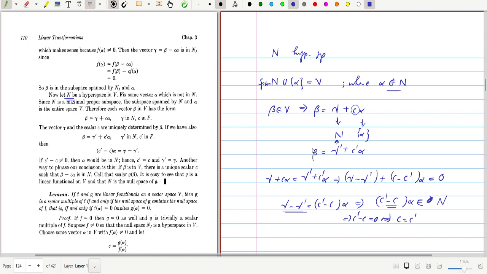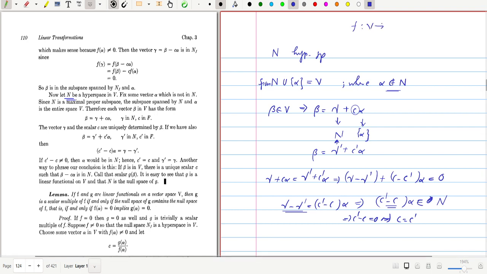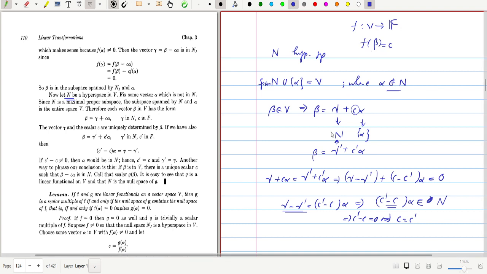So this would enable us to define a new map, say f from V to the scalar field, defined by f of beta. Any beta belonging to V can be written as gamma plus C alpha, and the C is unique. Then define f of beta is equal to C.